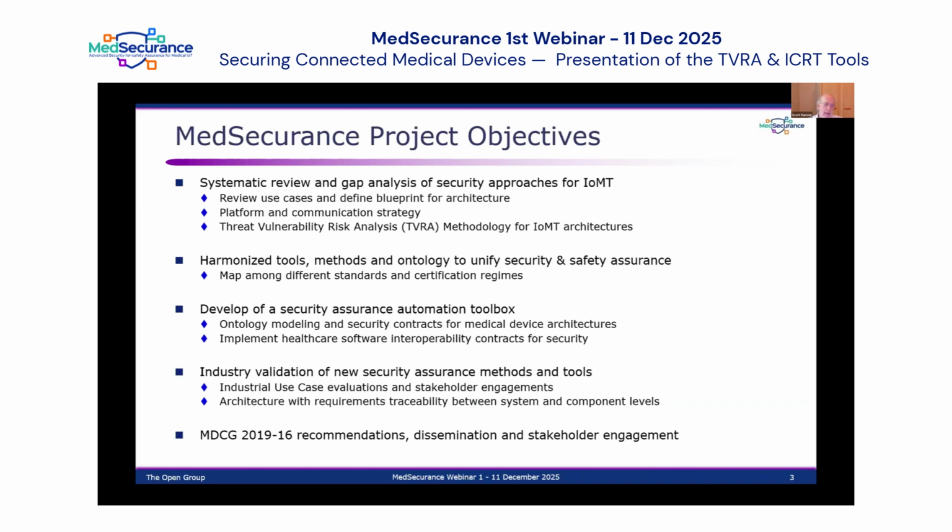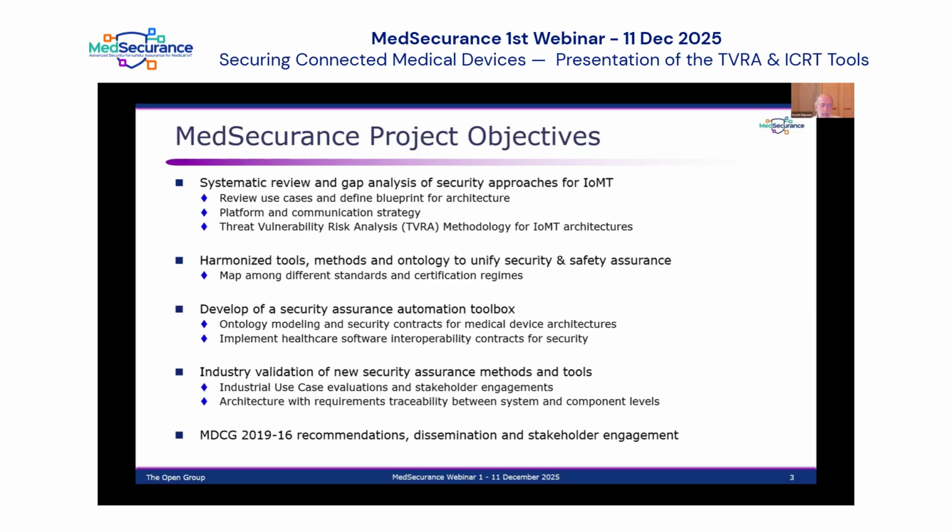And we've created a security assurance automation toolbox that has a set of tools that enables medical device manufacturers as well as providers of medical service systems, hospitals, healthcare systems to improve and better manage the security vulnerabilities and risks and to mitigate those risks, and also to automate the assurance process where certification are required for systems and devices. We're going to show you today 2 of those tools, but there's a further set of tools that we'll be sharing in further webinars.